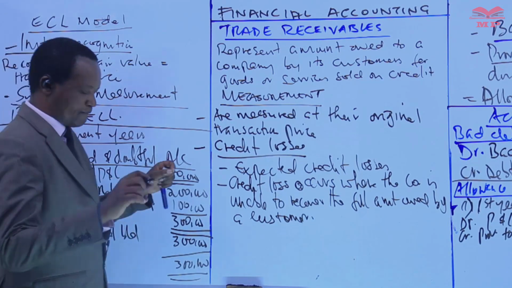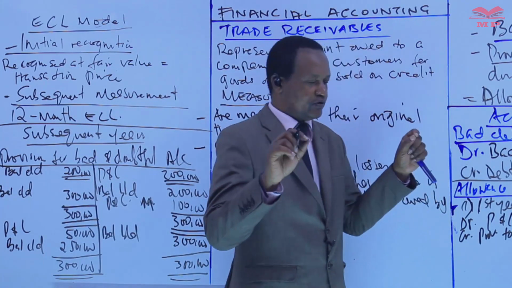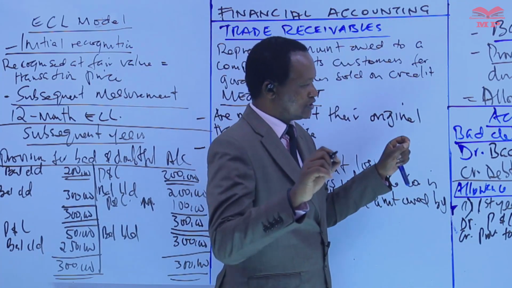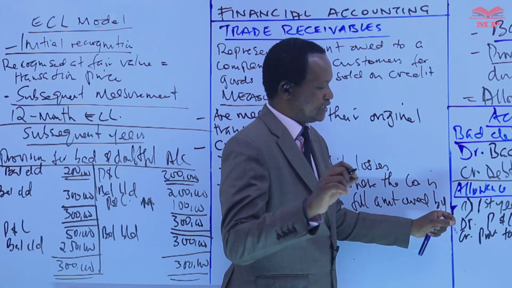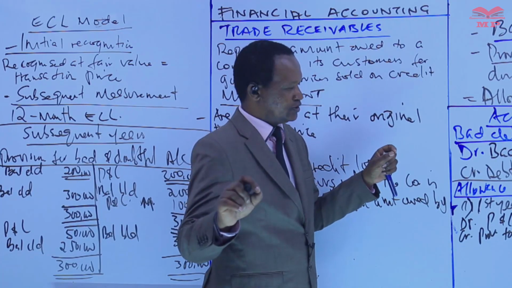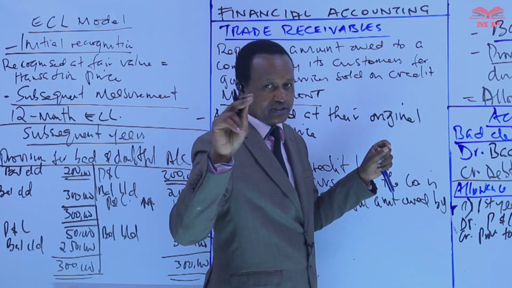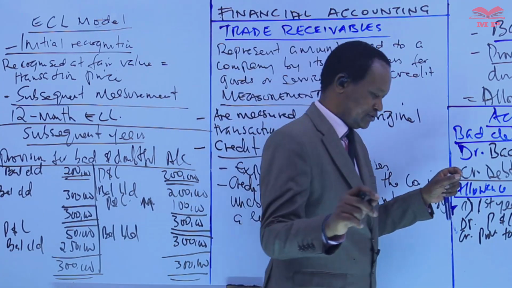So accounting for allowance for bad or doubtful debts, accounting for provision for bad and doubtful debts depends on 2 things.